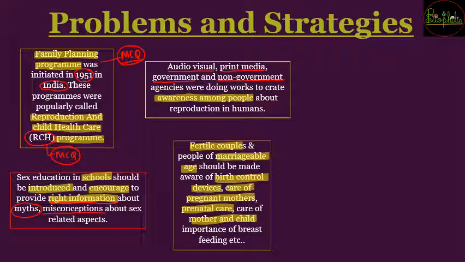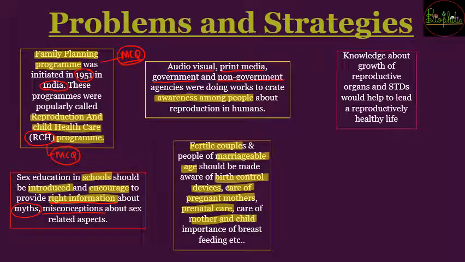So all this information was told to people through family planning program as well as government and non-government agencies की तरफ से भी the people were told and they were made aware about these things.